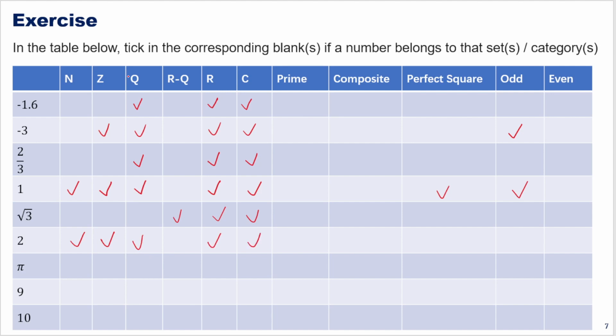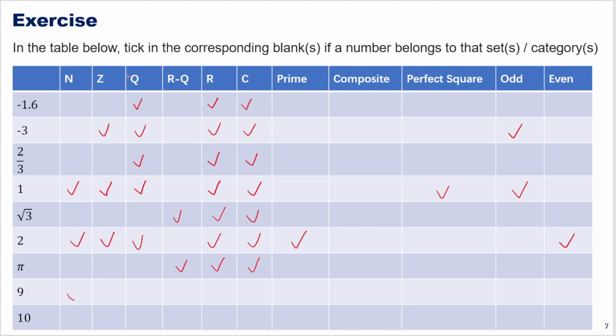And 2 is a prime number because you cannot find any factors other than 1 and 2 itself. And of course, 2 is an even number, right? Next one, pi. Pi cannot be expressed as a fraction of two integers, so that's an irrational number. Of course, that's also a real number, a complex number.